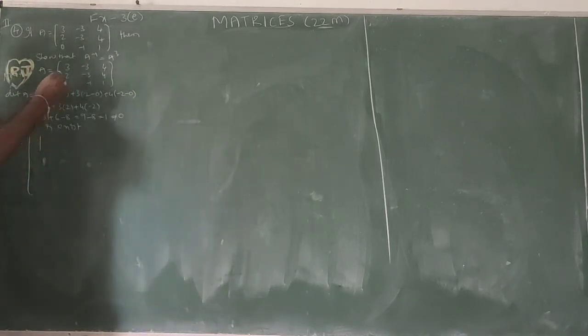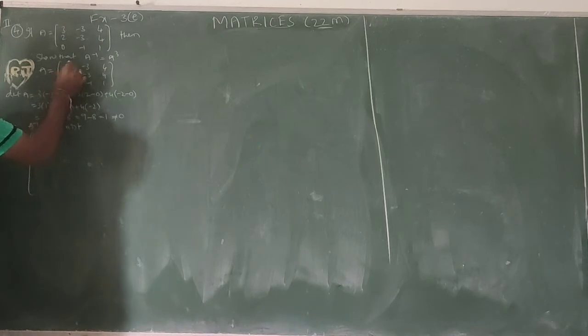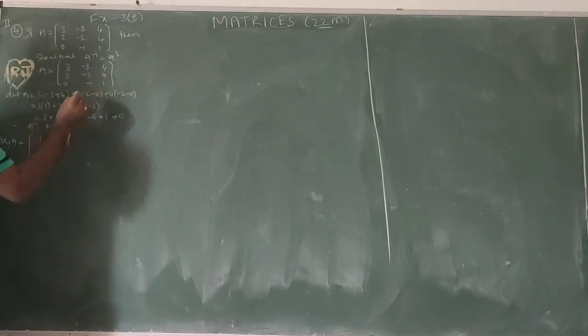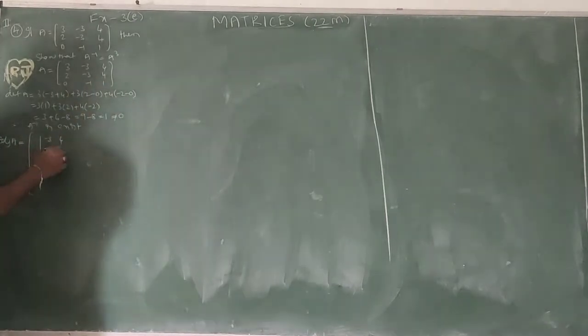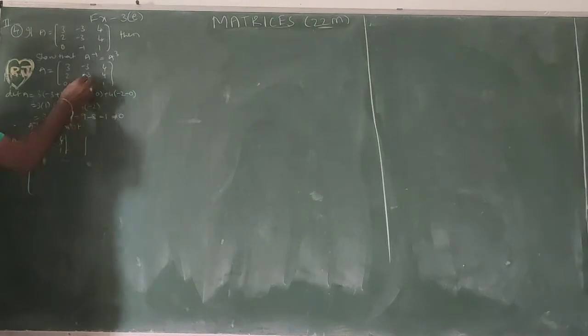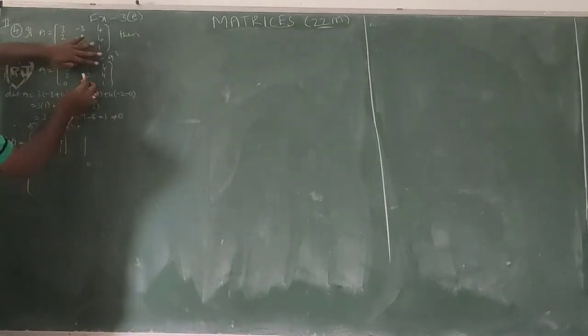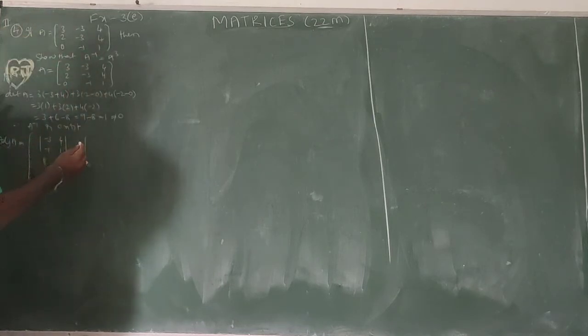First, for the cofactor or minor, I am going to take 3, leave this row, this column: -3, 4, -1, 1. Next, the second one, -3, leave this row, this column: 2, 4, 0, 1.